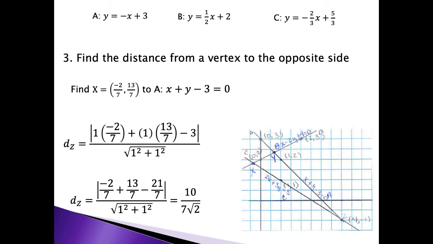So we have minus 2/7 plus 13/7 minus 21/7, the absolute value of that answer, over the square root of 1 squared plus 1 squared. So we simplify down to 10/7 square roots of 2. Again, that cannot be simplified.